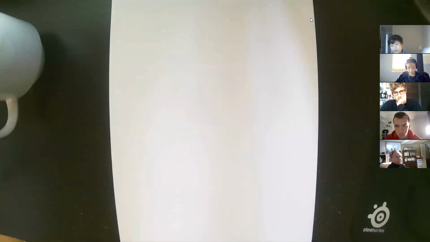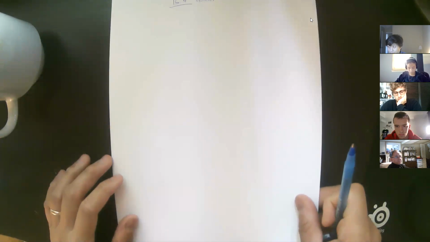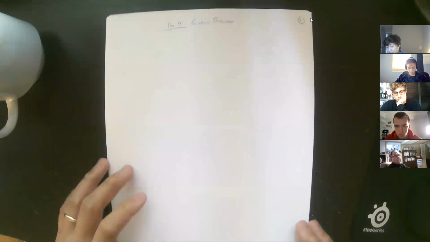So, let's look at Green's theorem. I think Green's theorem is really cool. It has a lot of interesting applications that you don't really think about, that you never actually use to compute, but they function a lot.